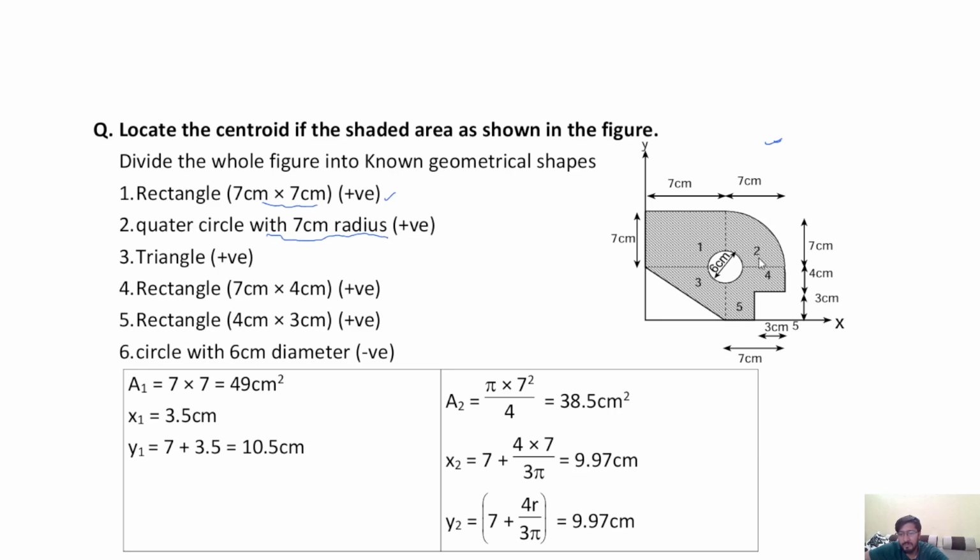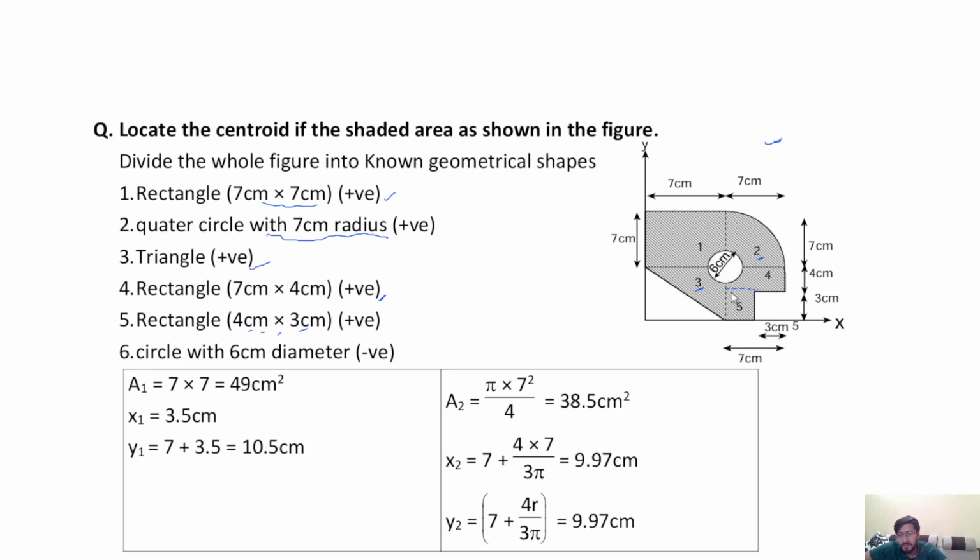This is the 2-number figure. And third number is a triangle. Fourth is a rectangle. The dimension of this rectangle is 7 cm into 4 cm, that is number 4 in that way. And number 5 is a rectangle 4 cm into 3 cm.